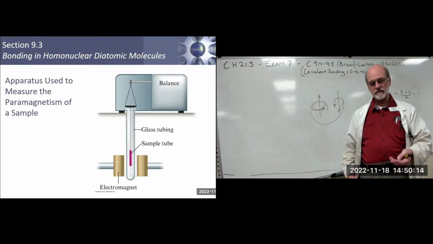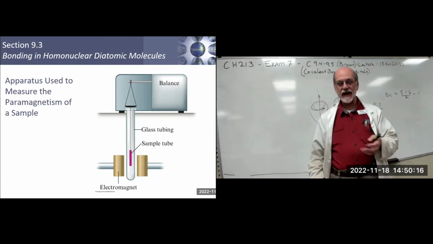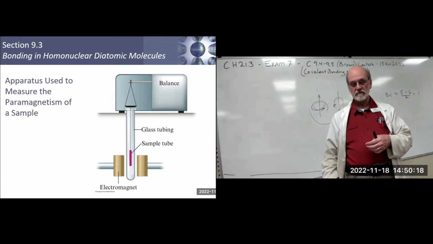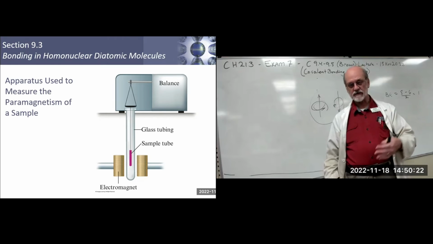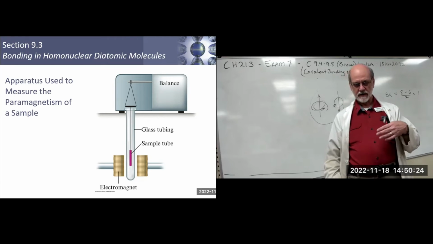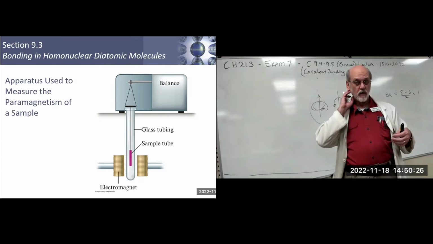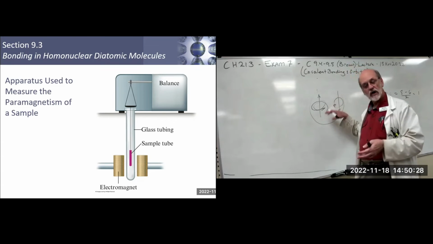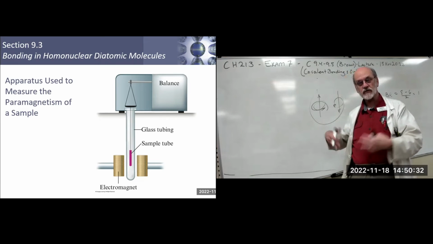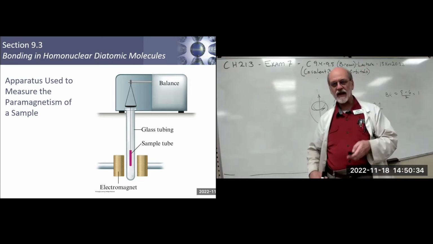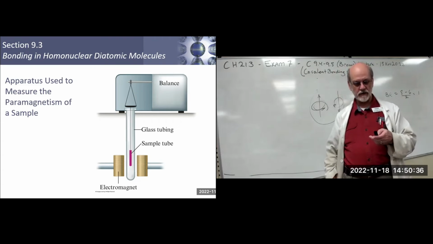And you can determine with proper calibration what forces that represents for each of the elements. So if you only have one or two unpaired electrons, you get a certain force, but if you have three or four, you get a stronger force. And that can be calibrated for the number of unpaired electrons.